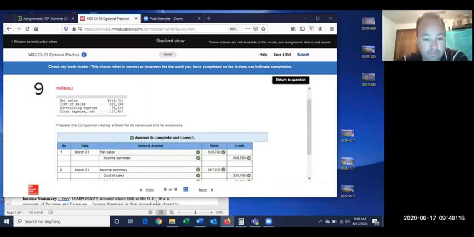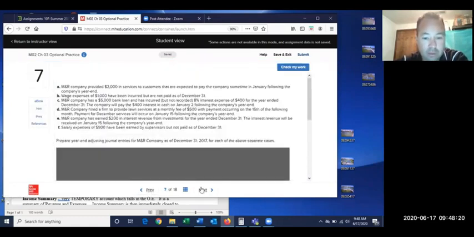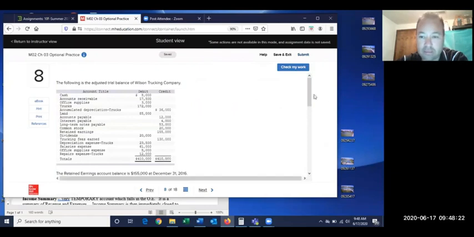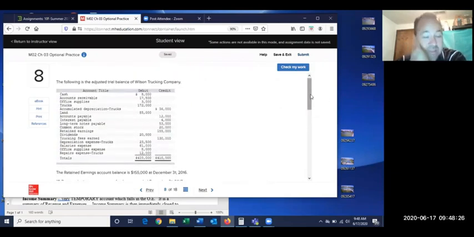Okay, now let's go back and look at number 8. We are going to use this to do number 8 and then number 10. I don't know why they skipped a number like that. But number 8 deals with the income statement and then also the retained earnings statement.